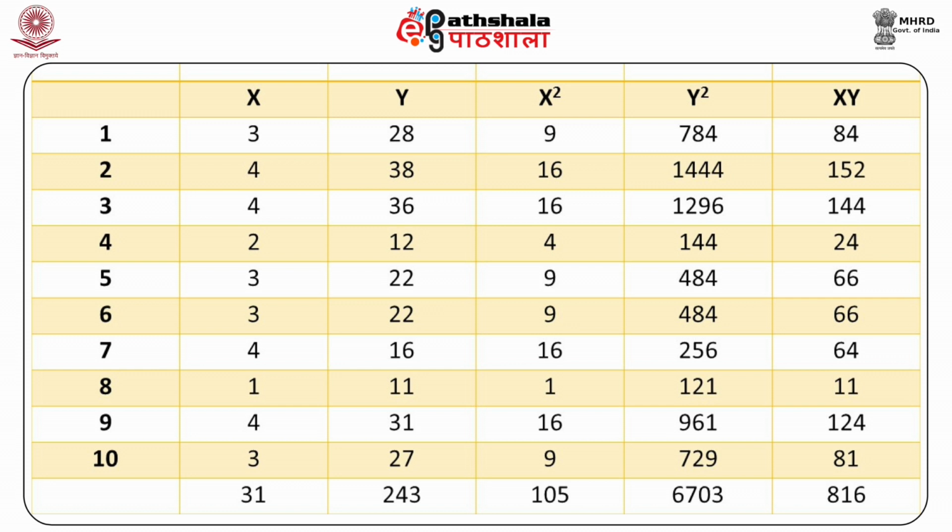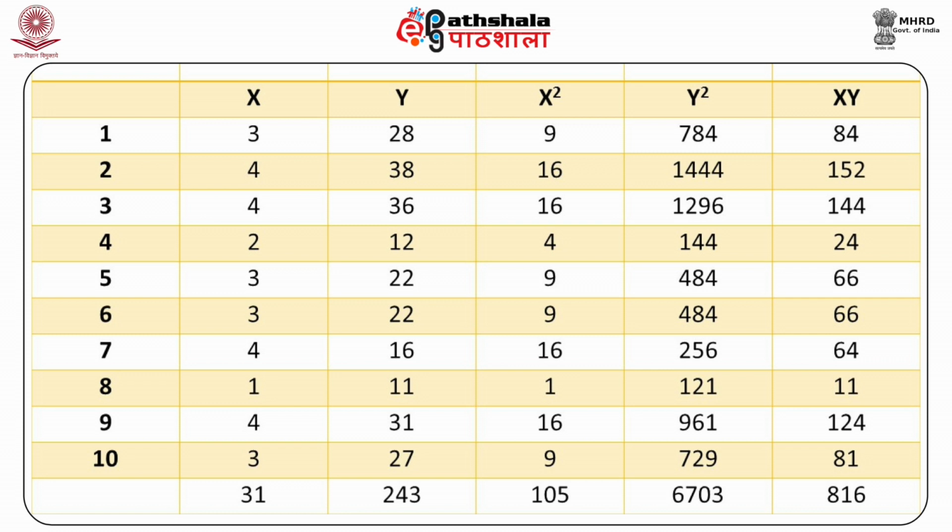On squaring the x scores, x square for these 10 subjects is 9, 16, 16, 4, 9, 9, 16, 1, 16, 9, and summation x square is 105.